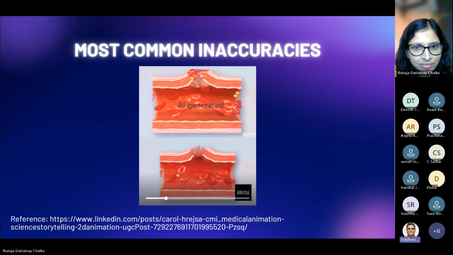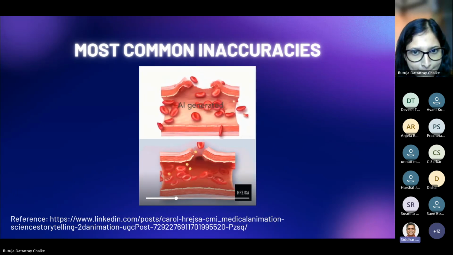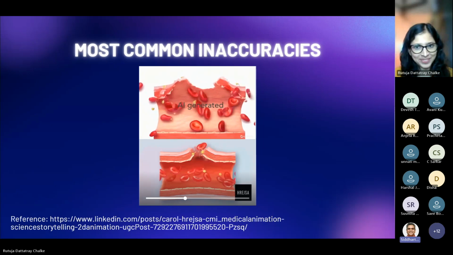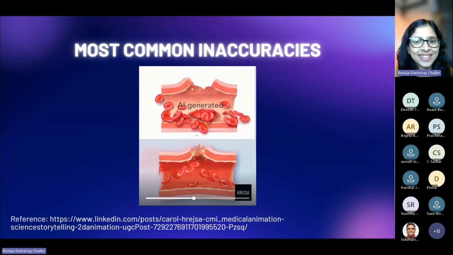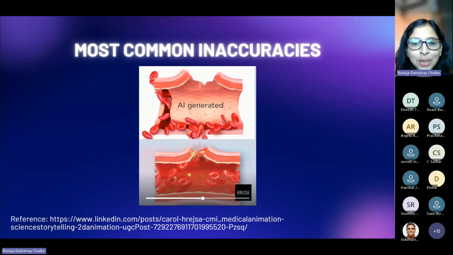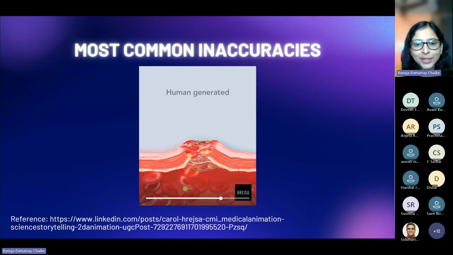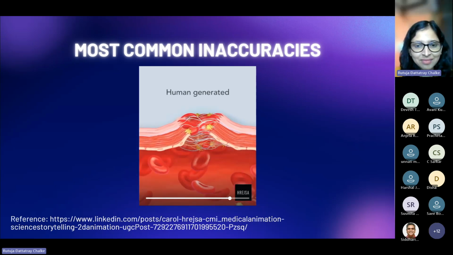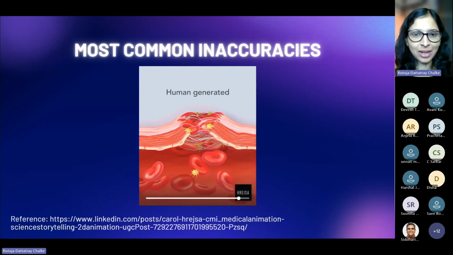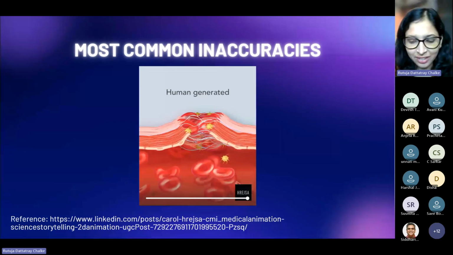In the AI one, it just looks like some sort of catastrophe. I don't know if that happens in reality. Yes, exactly. So the AI tool is unable to process the prompt of just showing the blood flow and blood clotting in vessels, which is clearly shown when it comes to the human-generated animations.